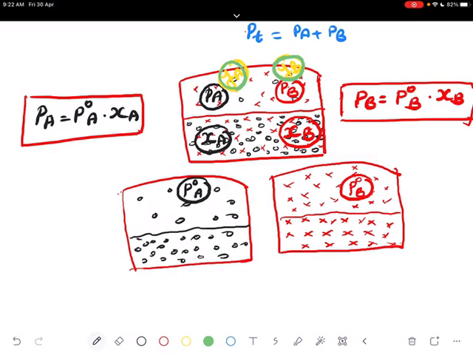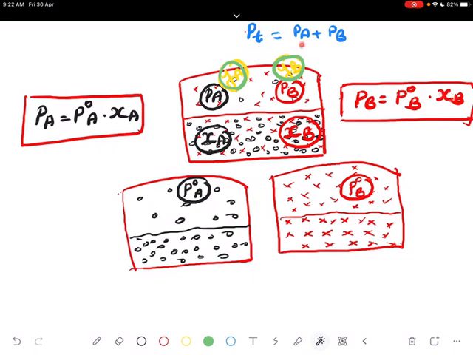Now, Raoult's law states that for a solution of volatile liquids, the partial pressure of each component is directly proportional to its mole fraction in the solution.